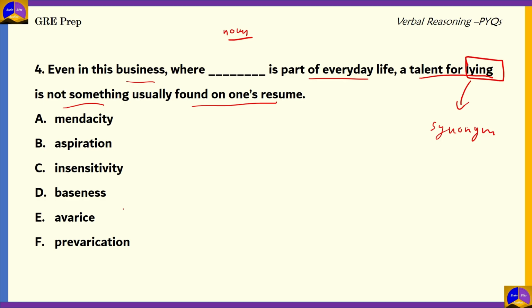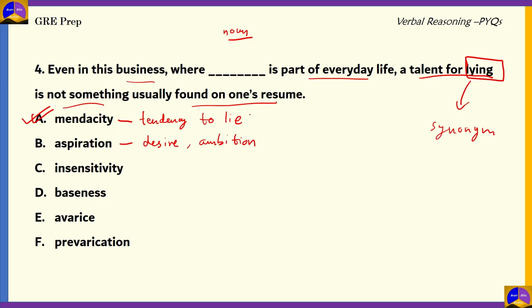We have 6 options. Option A is mendacity, and it turns out mendacity refers to the tendency of someone or a group of people to lie. So therefore mendacity is the right option. Next we have aspiration. Now aspiration again refers to desire, ambition to move forward, to achieve something.